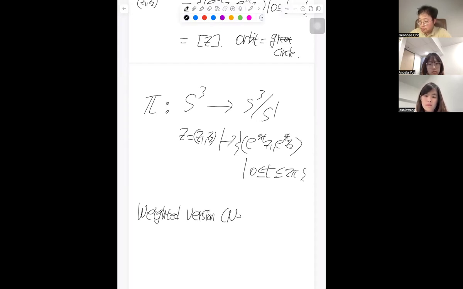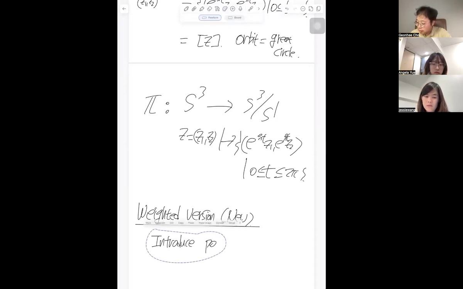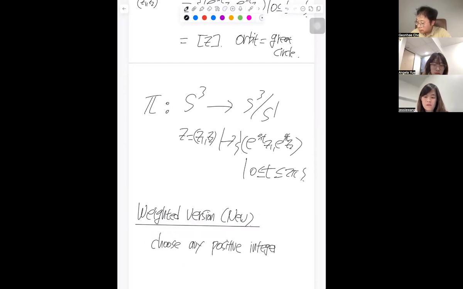So this is now new. The weighted version. We introduce, we just choose any positive integers a and b.